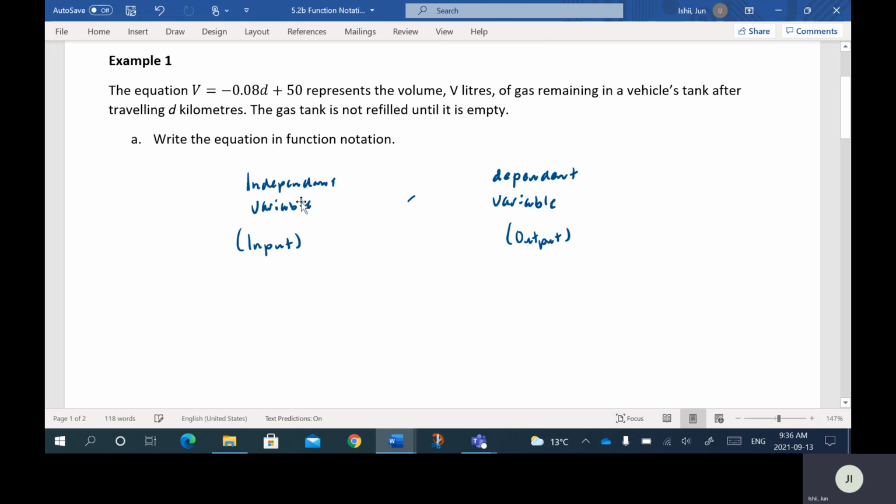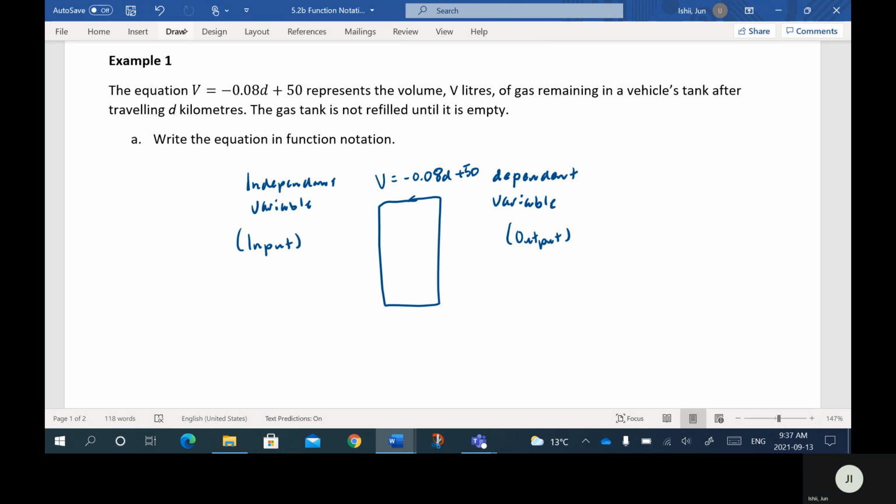Now the reason for that is the independent variables, these numbers, don't depend on anything. We're just picking those numbers at random as an input. And then what you can envision is the function itself is like a machine. So here I have V equals negative 0.08 D plus 50.